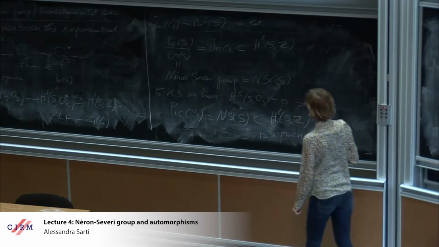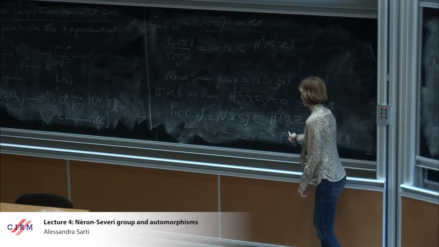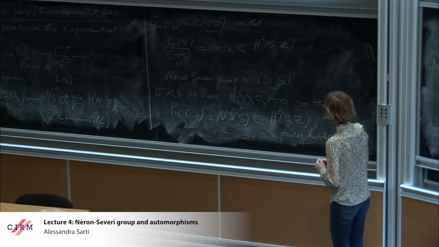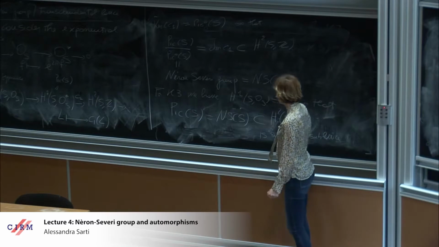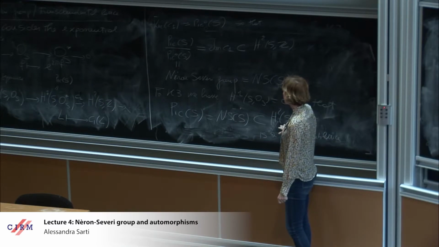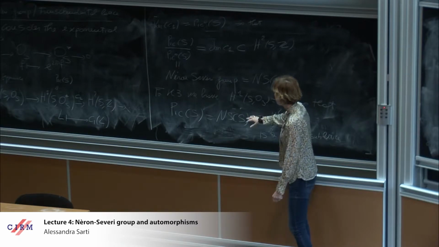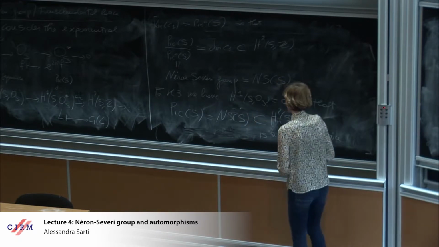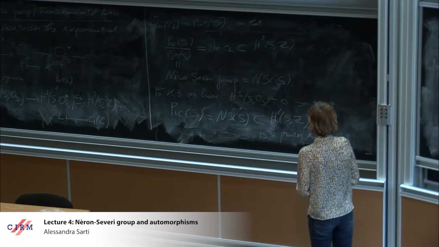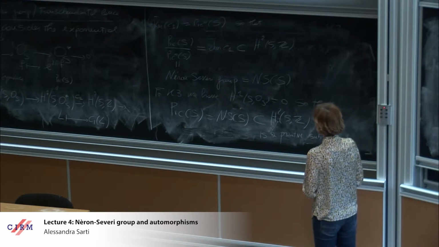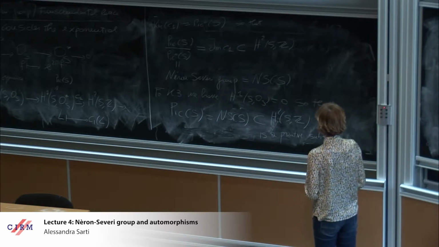So primitive sublattice, well, you shouldn't worry too much about primitive for the moment. This means essentially that I put it inside, and the quotient of the space by the image is free, so there is no torsion. Maybe I will say something more about primitive sublattices a bit later.